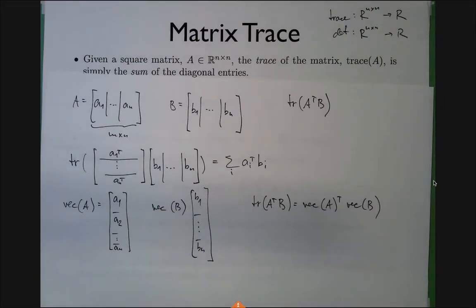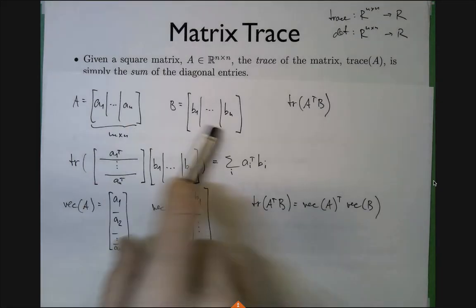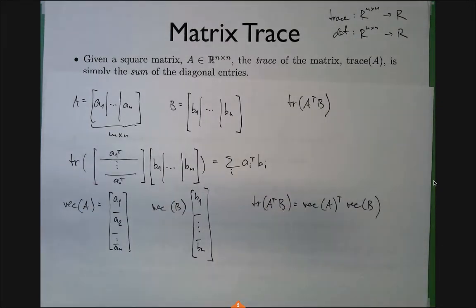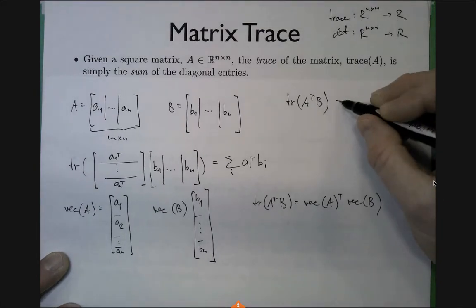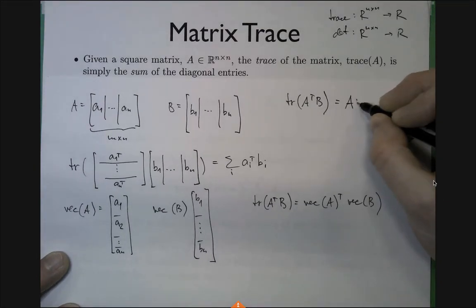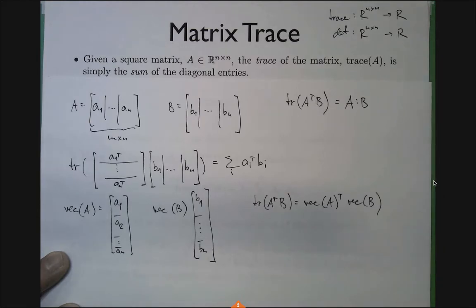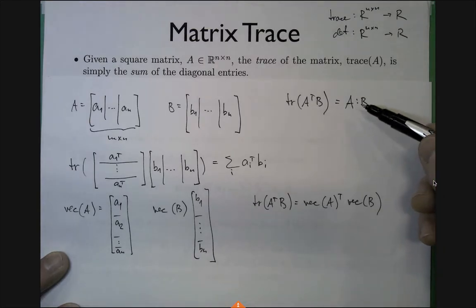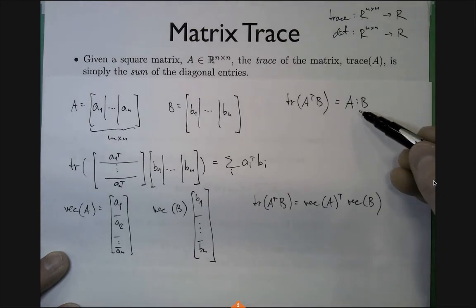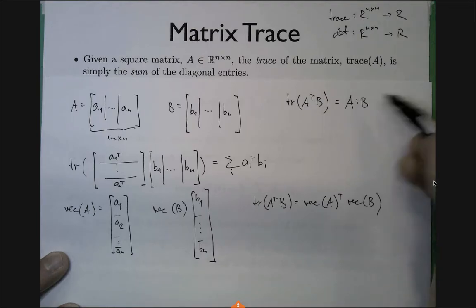That's what we were dealing with when we were doing the DCT, when we had to convert a matrix to a vector form. But you can take a dot product directly on matrices. That's what the trace of A^T B does. By the way, in tensor notation, this is sometimes called double contraction and denoted with these two dots, like a double colon.